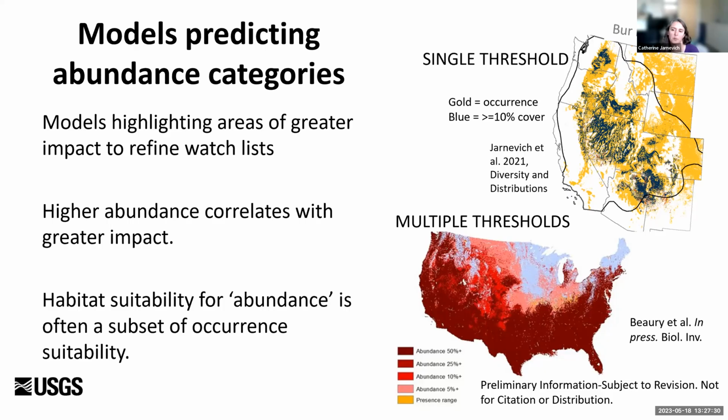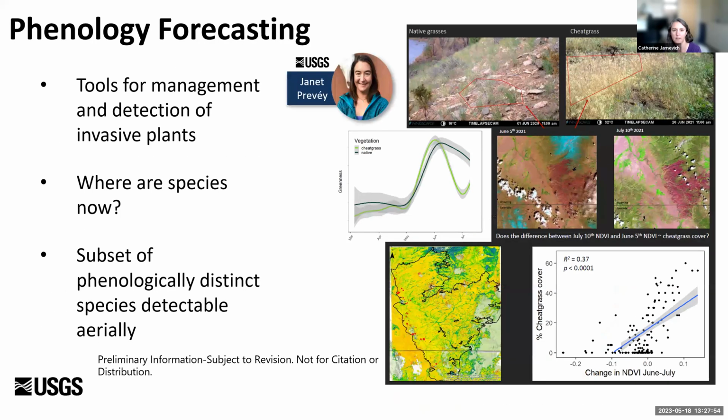This is an example where that was really a subset. The one on the bottom is where we had models at different thresholds of abundance: 5% or greater, 10%, 25%. You can see how that further subsets where we might want to look for a species or be concerned about a species.